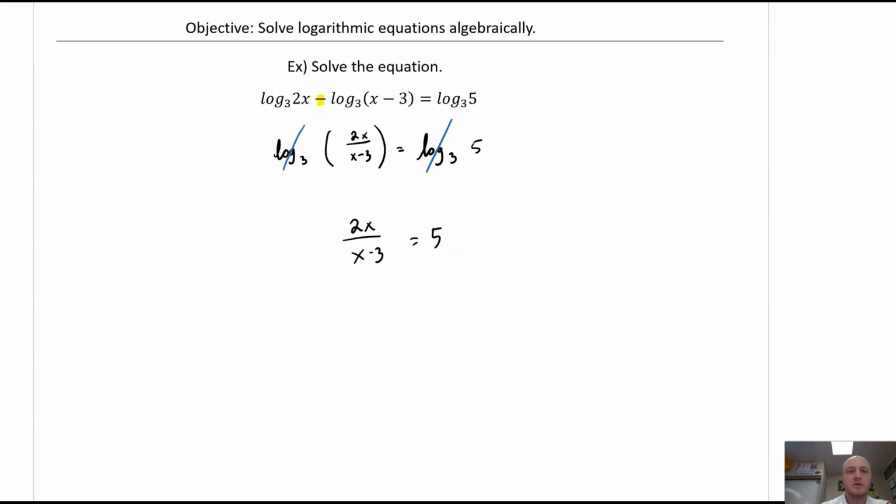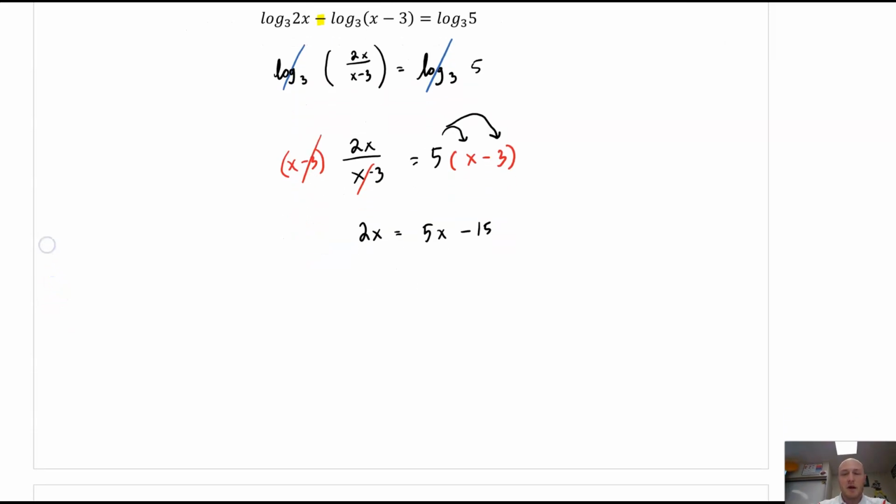Well, how do I get rid of a denominator? I multiply by x minus 3. Over here these cancel, and we have 2x is equal to 5x minus 15. I want to go ahead and solve this linear equation, so I'm just going to subtract 5x on each side.